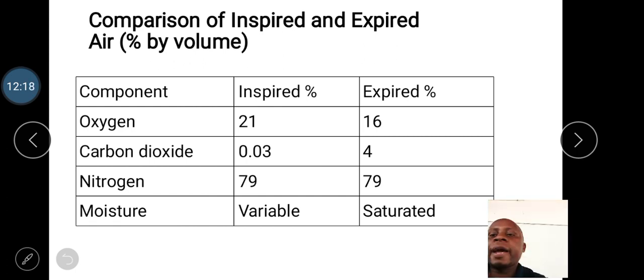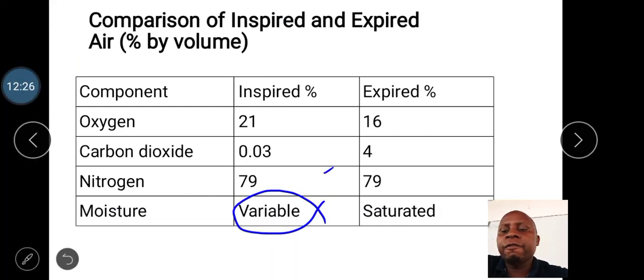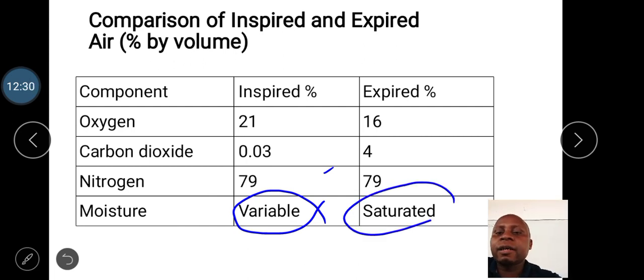And explain why the air that moves into the lungs has a little amount of moisture than the air that comes out. The air that comes out is saturated with moisture, because the lining of the respiratory surface is moist. That's why the air is saturated with moisture. Is it clear?